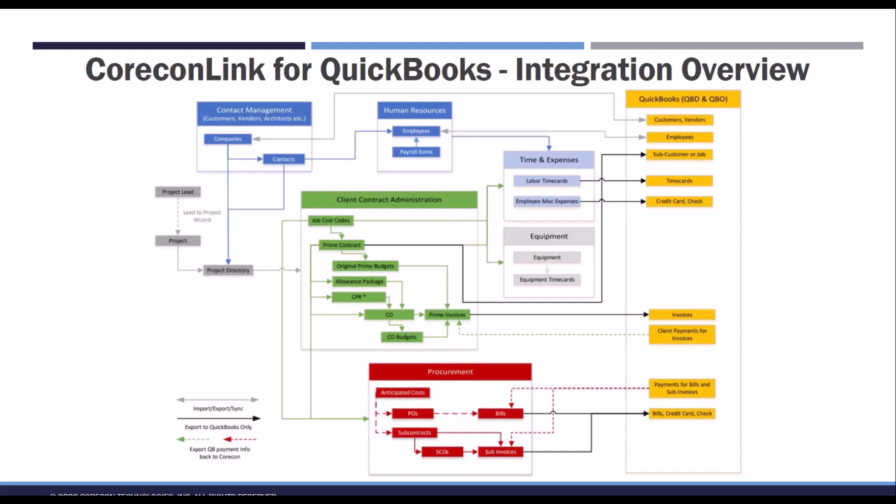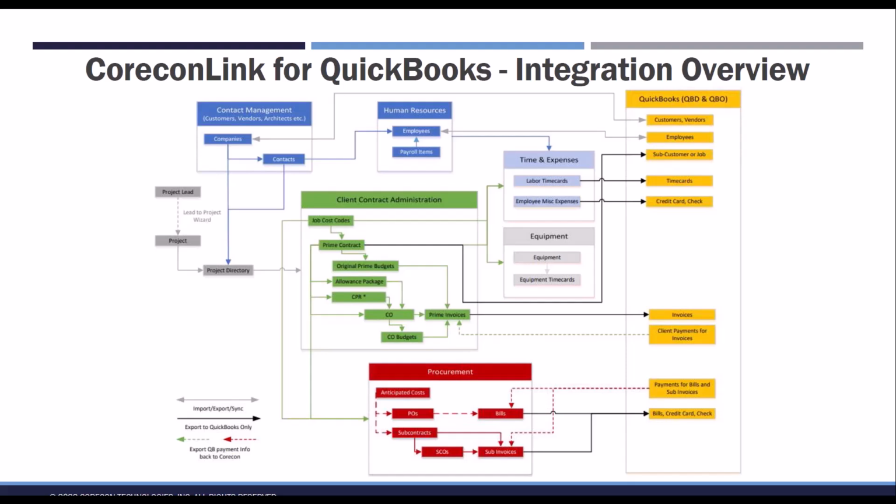The CoreCon link to QuickBooks Online allows you to sync and import customer companies, vendor, supplier, and subcontractor companies, and employees. The information in these types of records are synced in both directions.